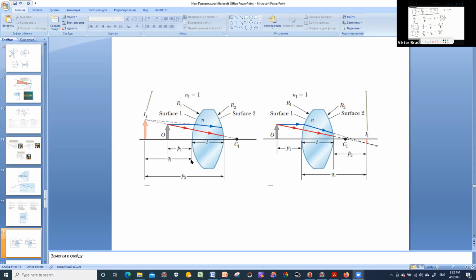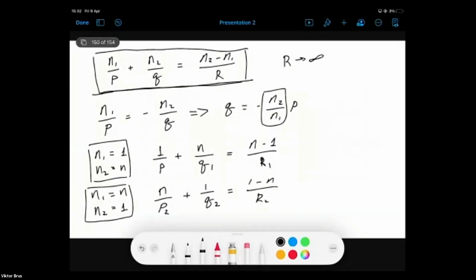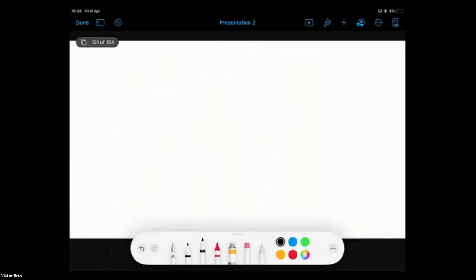So P2 is equal to minus Q1 plus T, where T is the thickness of the lens, the distance between the first surface of the lens and the second surface of the lens.